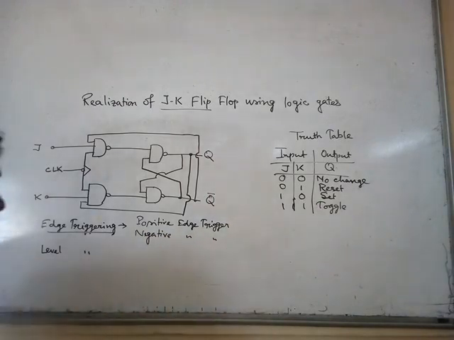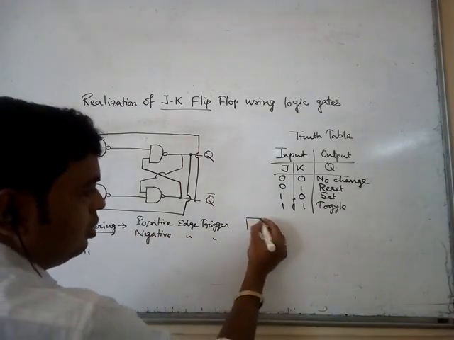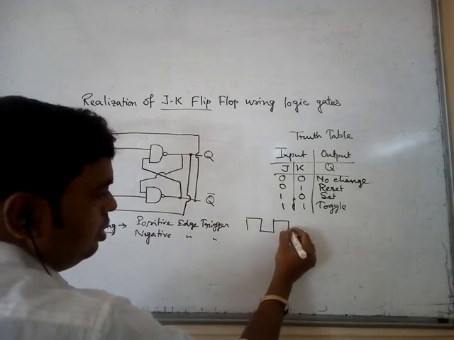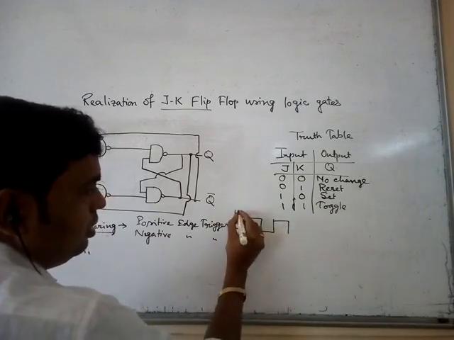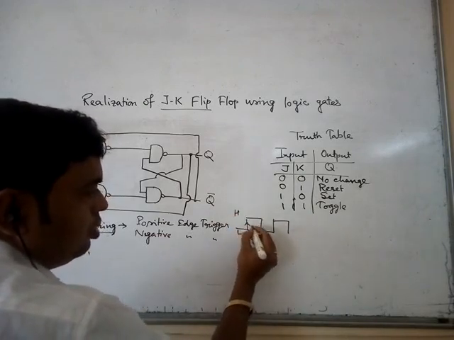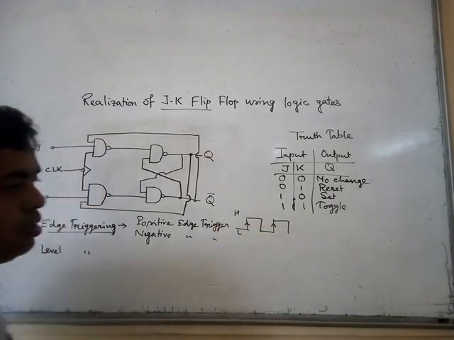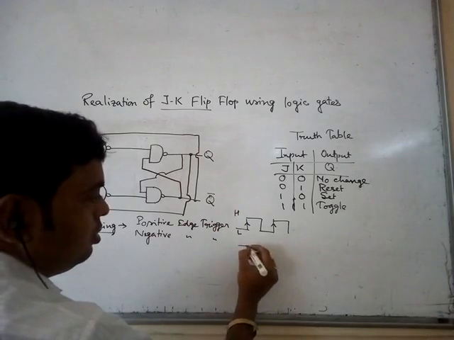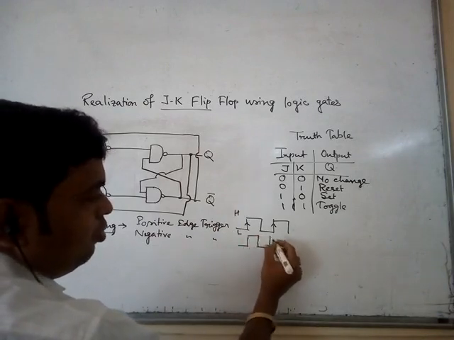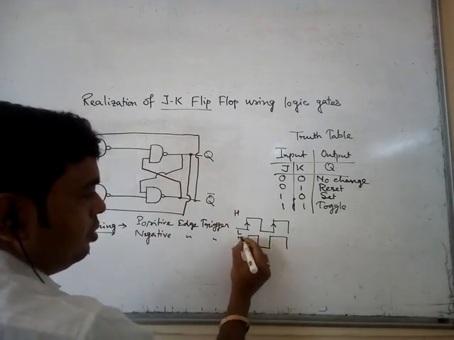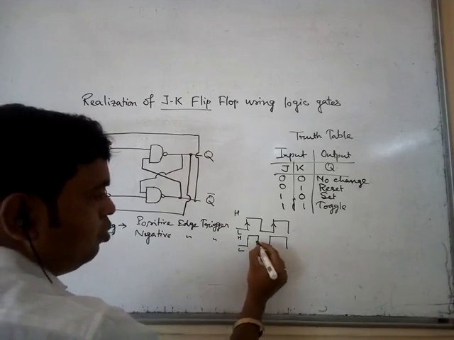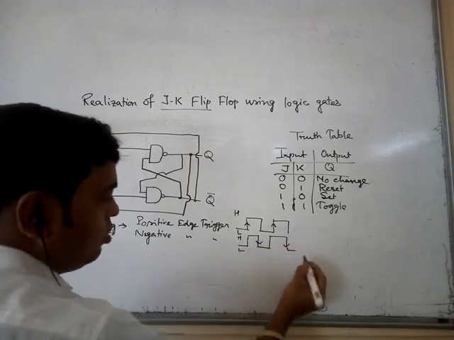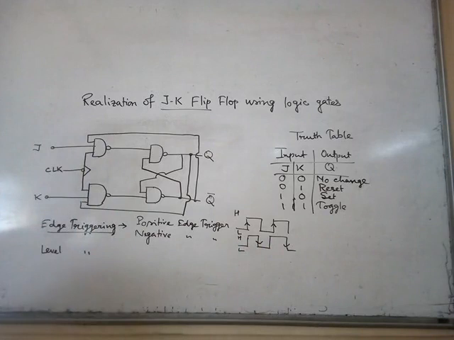What is positive edge trigger? For the clock pulse, it can be high or low. From low to high is considered positive edge trigger, and from high to low is called negative edge trigger. So for this circuit, we use positive edge trigger.